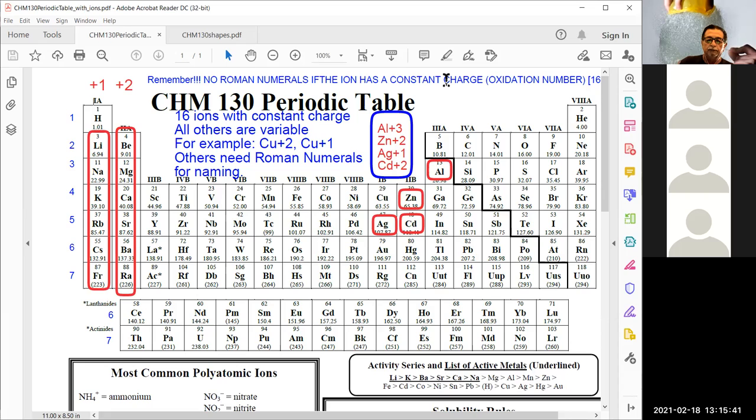So let's go back to the periodic table and do a comparison. For example, here's fluorine, so that's our benchmark. If we wanted to compare the electronegativity of carbon with nitrogen, and let's say carbon and nitrogen are bonded together, they will make a bond together. The question is, which of the two, carbon or nitrogen, is the most electronegative?